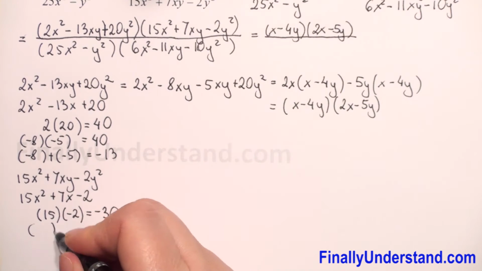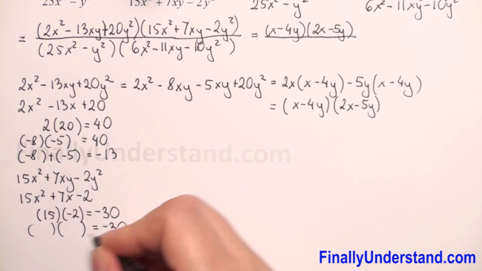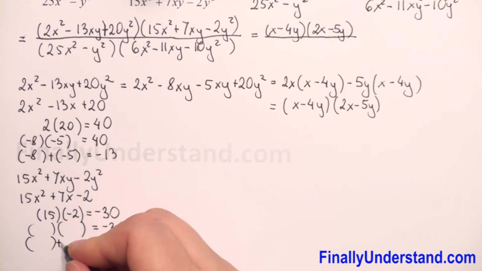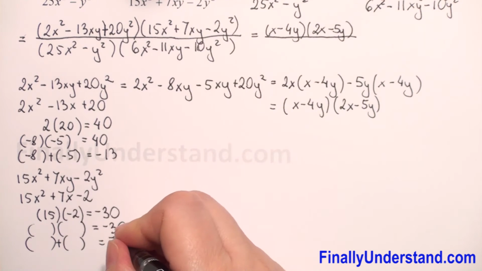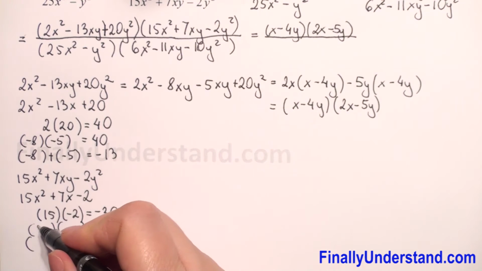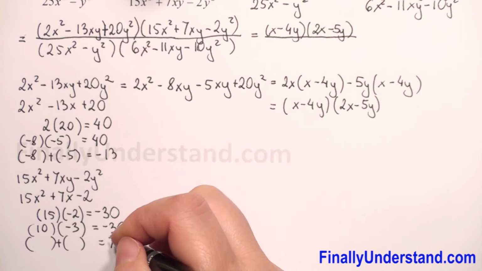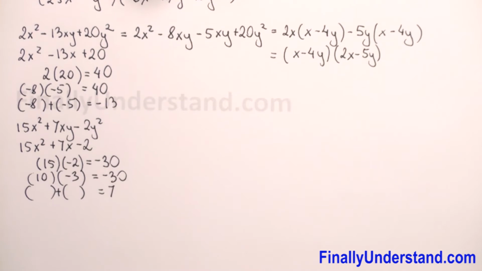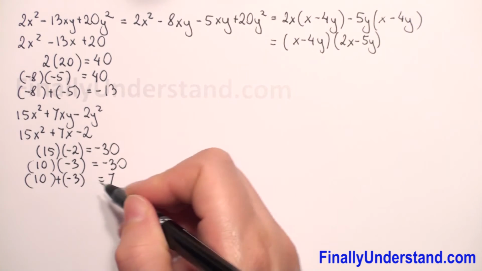We need to find two numbers which I multiply and I will have negative 30, and when I add these two numbers I have to have positive 7. So it will be 10 and negative 3. 10 times negative 3 is negative 30, and 10 plus negative 3 is 7.